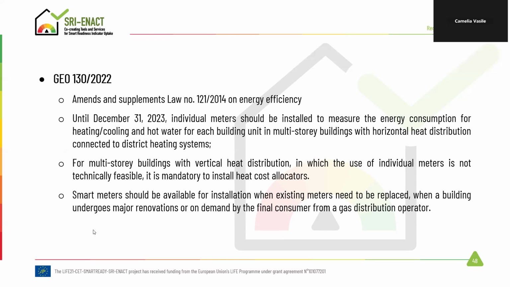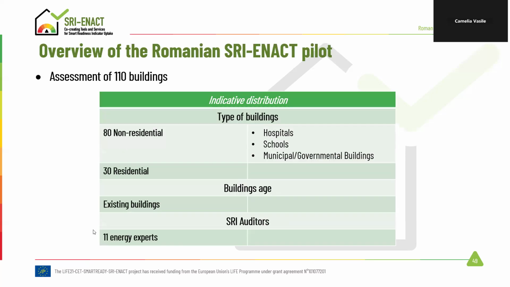Now, a few words about the Romanian SRI-ENACT pilot that we have developed within the project. This table shows you an indicative distribution of the 110 buildings that we have to assess during the project.